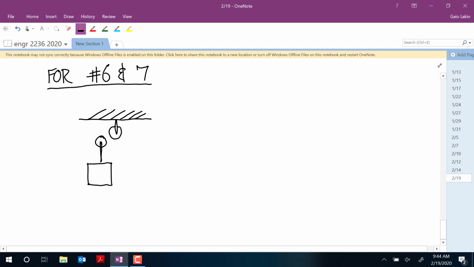It looks like, oh no, I drew it the same way. And this is 20 kilograms. And you have a cable that's supposed to be vertical. And this is 40 kilograms.